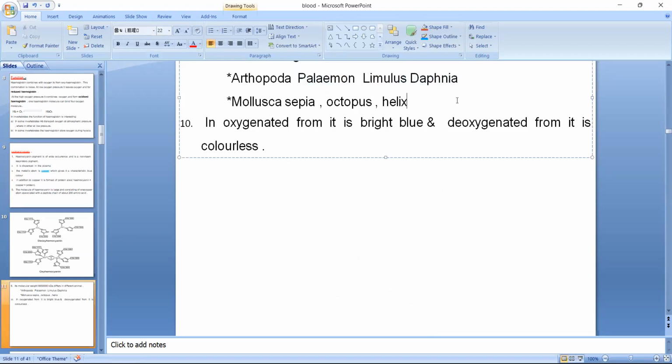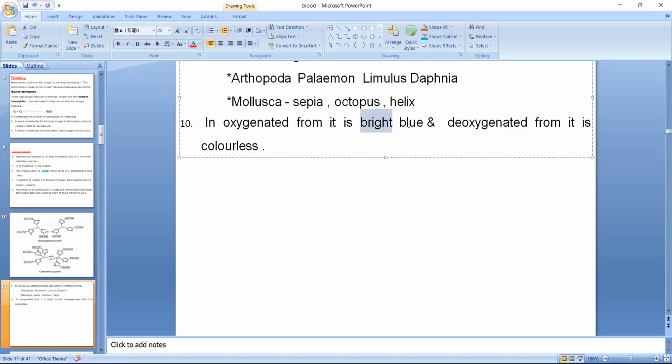Most of the crustaceans contain hemocyanin as a respiratory pigment. In mollusca, sepia, octopus, and helix possess hemocyanin as respiratory pigment. In oxygenated form it is bright blue, and in deoxygenated form it is colorless.